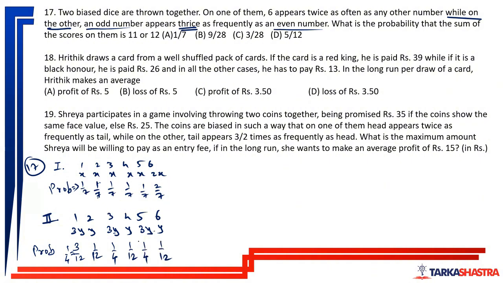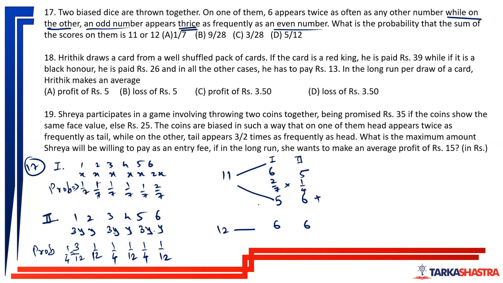Okay. Then what is the probability that the sum of the scores on them is 11 or 12? So it can be 11 when first dice shows 6 and second dice shows 5, or it can be 5, 6, or it can be 12 when first shows 6 and other one also shows 6. So first one is showing 6, 2 by 7, and second one is showing 5, that is 1 by 4.